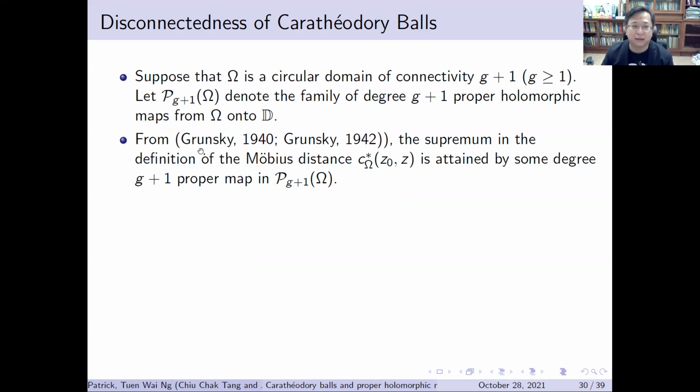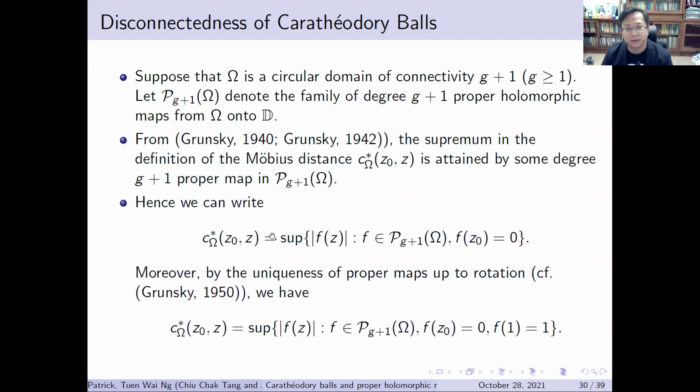From the result of Gransky that I mentioned before, the supremum in the definition of this Möbius distance would be attained by some degree g plus 1 proper map inside this space. Therefore this distance can be written this way.